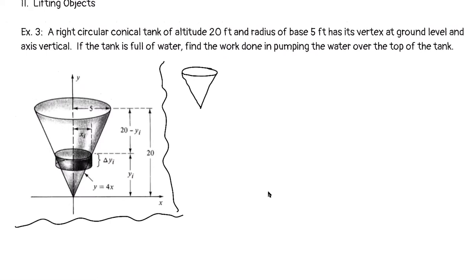And I label it with some of the information I'm given. Like the height of this cone is 20 feet. And the radius here is 5 feet. Okay.